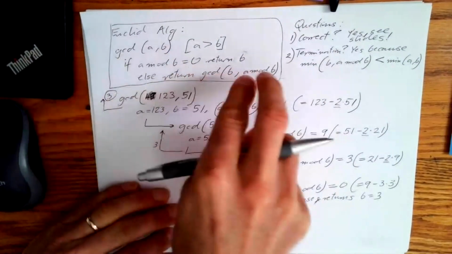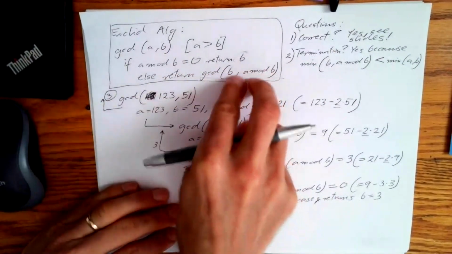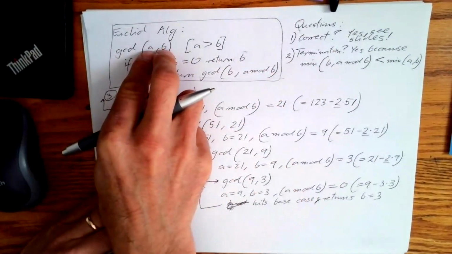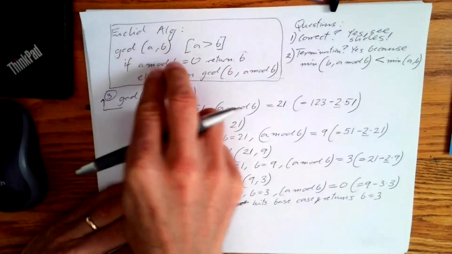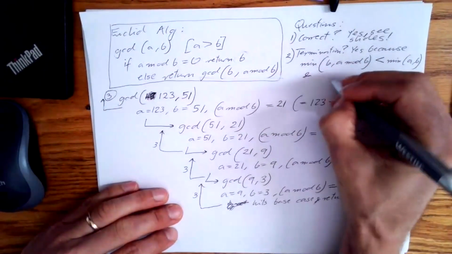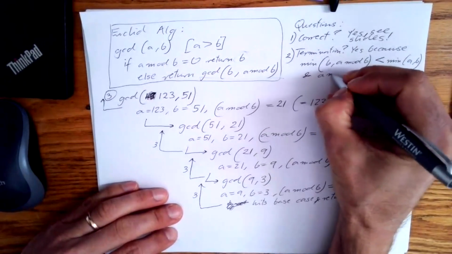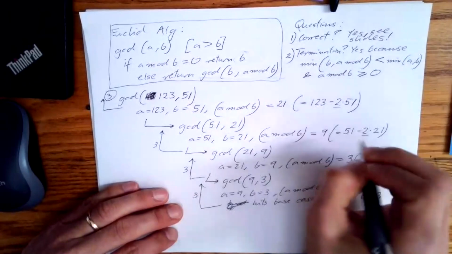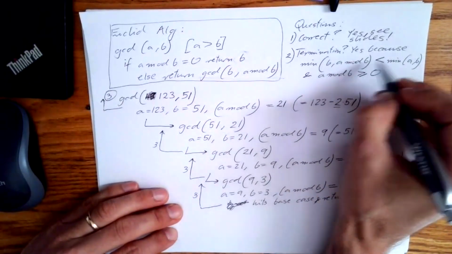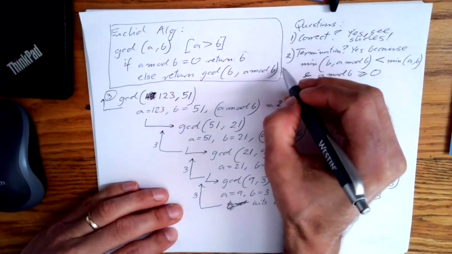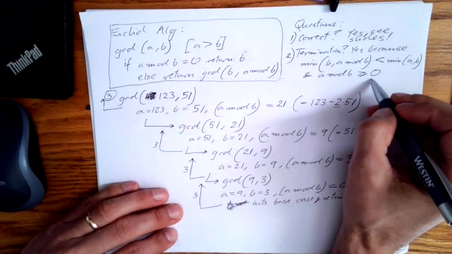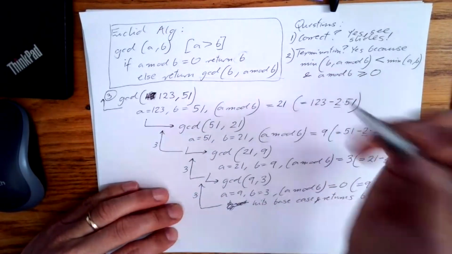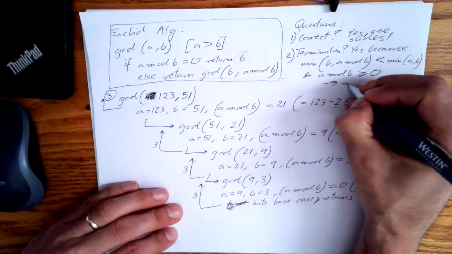The minimum in the recursive call is smaller than the minimum in the call. And A mod B is always greater than or equal to 0. So you're getting smaller numbers, and you cannot get below 0. Therefore, it must terminate.